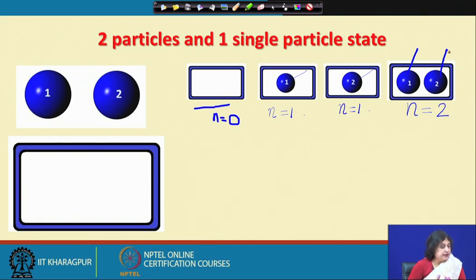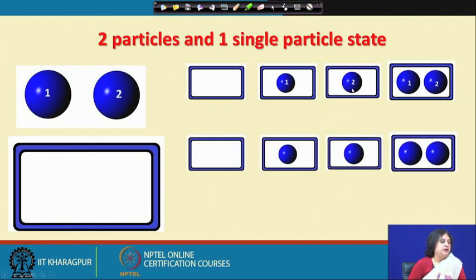I am putting no restriction on how many particles can populate this single particle state. Therefore, these are different arrangements without any restriction for two particles in one single particle state. Now, if I remove these numbers, this is exactly what you get.